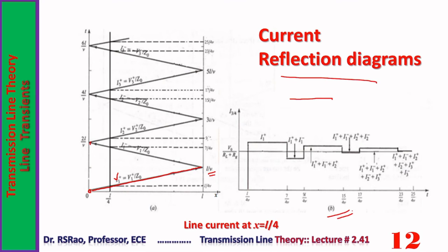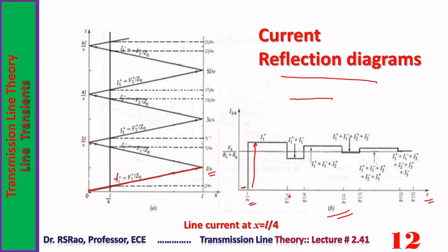In B is shown the current over the line at a point at different instants of time. For t less than L by 4V, current is 0. Then current has increased after L by 4V and before 7L by 4V.